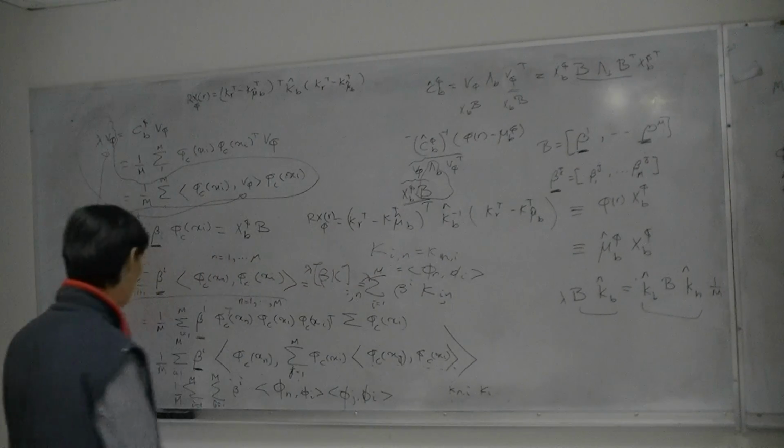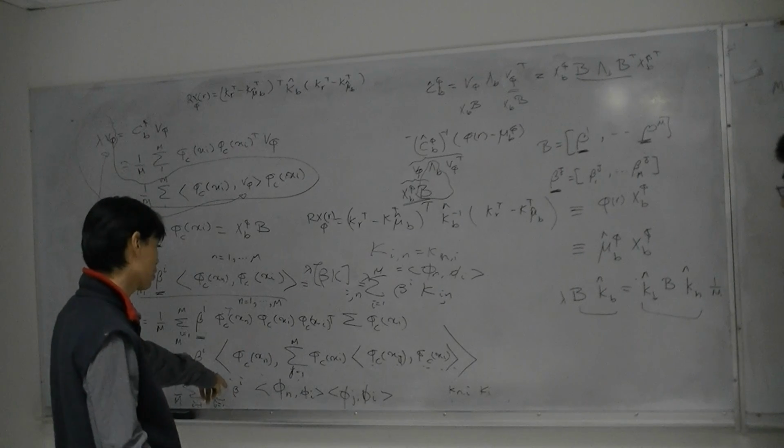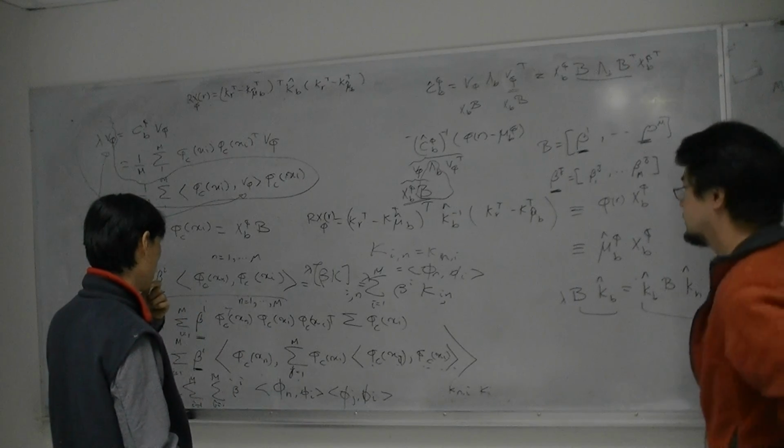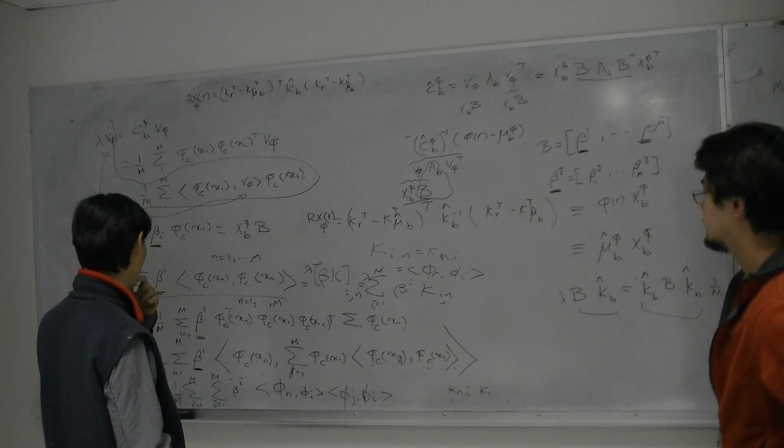Oops, why? This is beta I also. Is there something wrong here? I have too many I indexes.